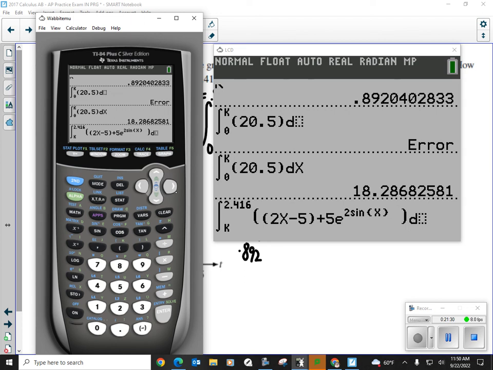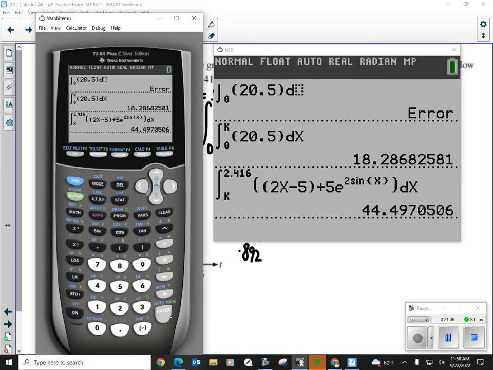Dummy variable, it won't integrate unless I take the dummy variable. So I've got 44.497. This will stay a 7 because the number after it is smaller than 5. So 44.497.